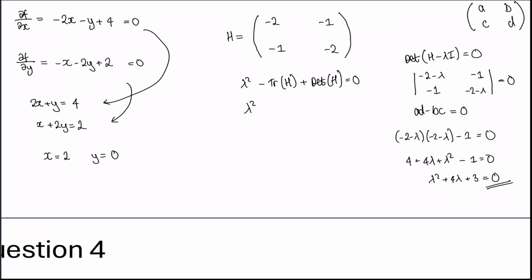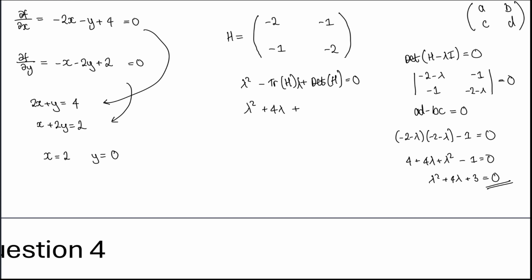So if we look at this, we get lambda squared minus the trace of the matrix, which is just these two summed together. So minus 2 add minus 2 is minus 4. So when we plonk minus 4 into here, we just get plus 4 because of this minus sign. So plus 4 lambda.